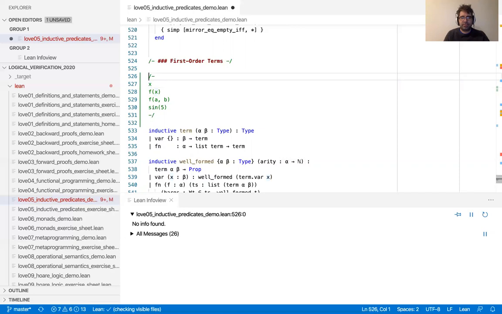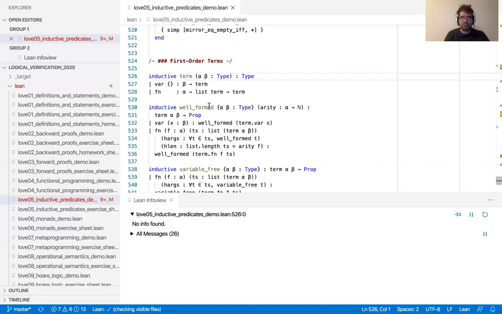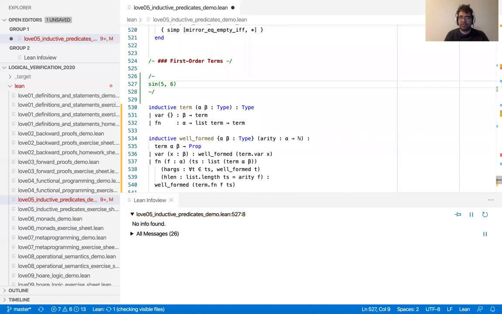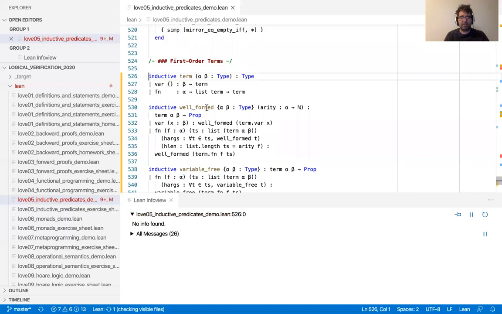So that's first order terms. And again, you have the notion of well-formed. For example, you can say that sine should take one argument. And if you write something like this, you would say this is not well-formed. If you write that, you say this is not well-formed. You have to have exactly the right number of arguments, and you have to do it recursively, right? So this is fine, but this is not fine. This is what the well-formed predicate does.